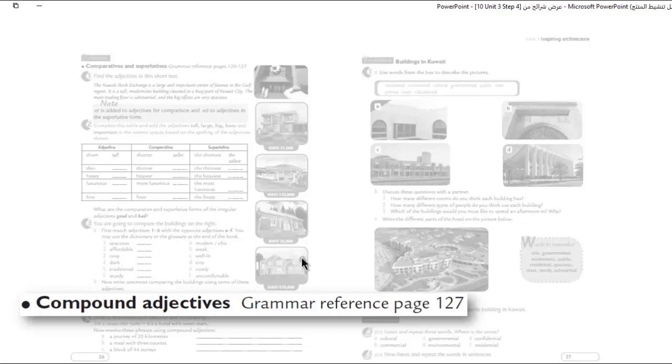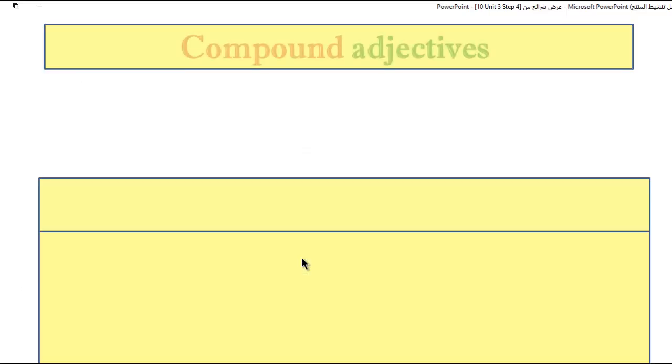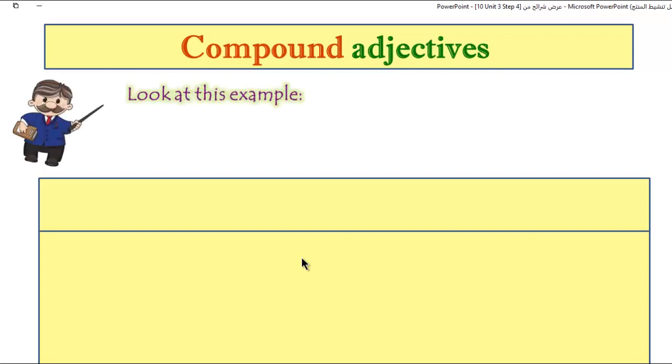Now we are going to study a new grammatical rule. It's compound adjectives. Look at this example. A building of 20 stories. How can I make a compound adjective in this example?